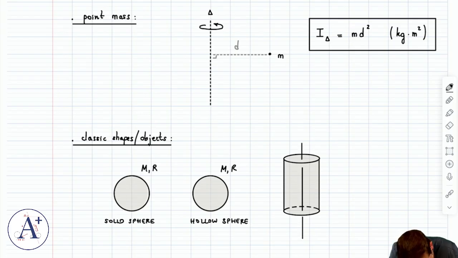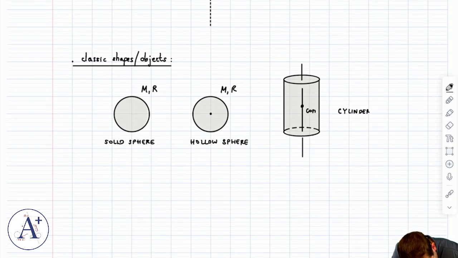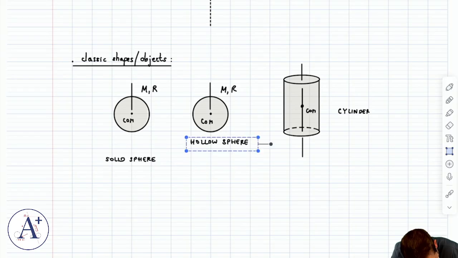And all of these have the same property, that the moment of inertia that is given is about an axis through their center of mass. So we will tell you how hard it is to rotate these things about an axis through the center of mass.